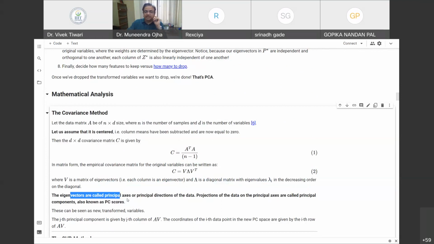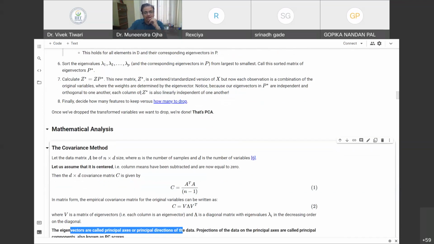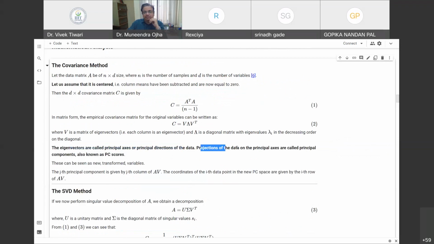These eigenvectors are called principal axes or principal directions of the data, because ultimately what we are doing, when we have these vectors, in those vectors only I am actually projecting the data. Projections of data on the principal axes are called principal components, also called PC scores, principal component scores.